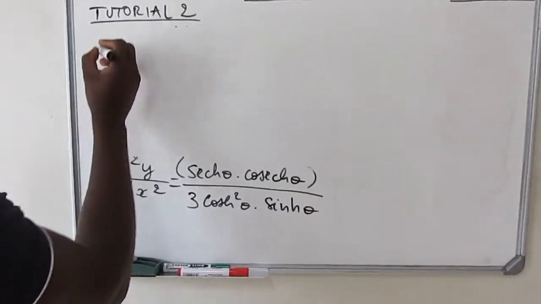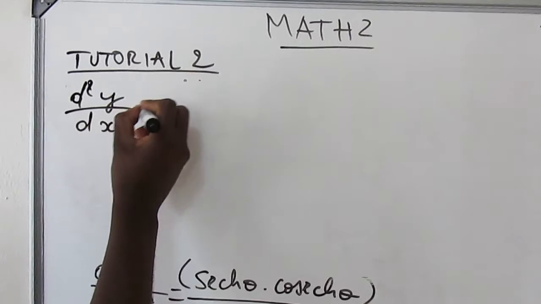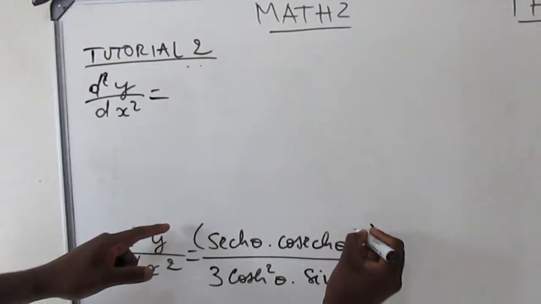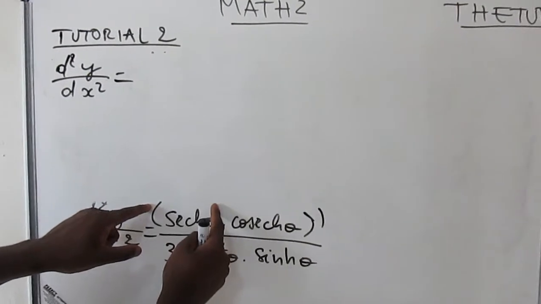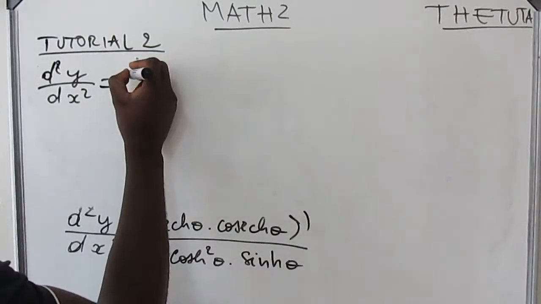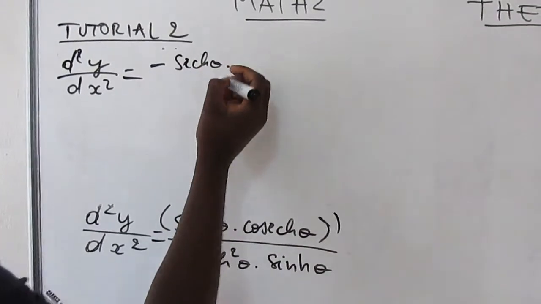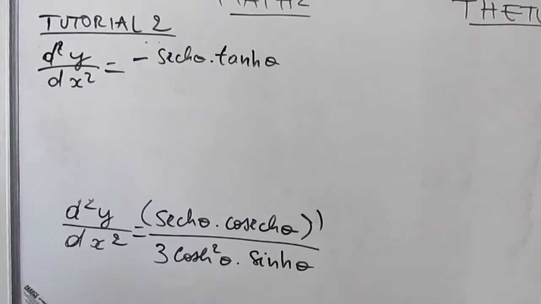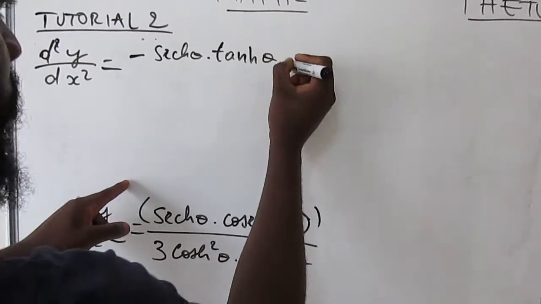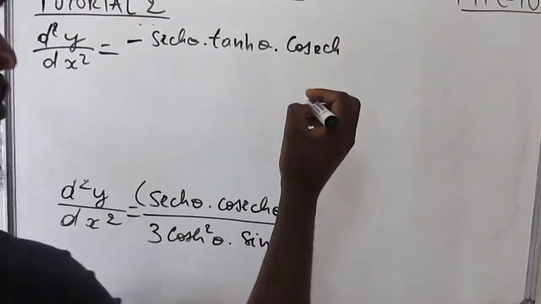So, our second derivative is going to be product rule. We derive first this one. Derivative of sec of theta is negative sec of theta multiplied by tan of theta. Then we have to multiply by the other one. We don't derive it.